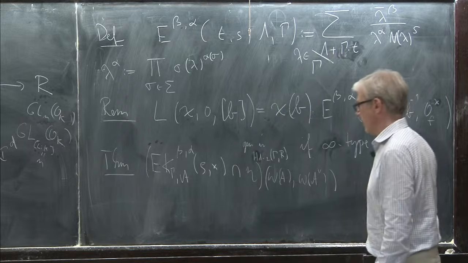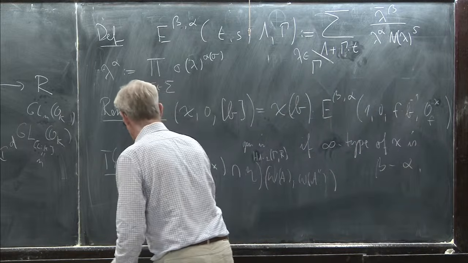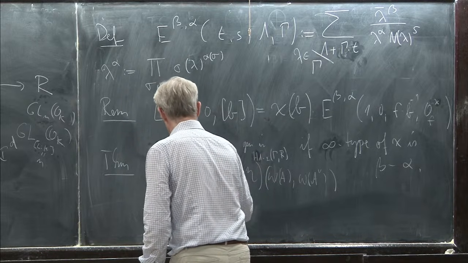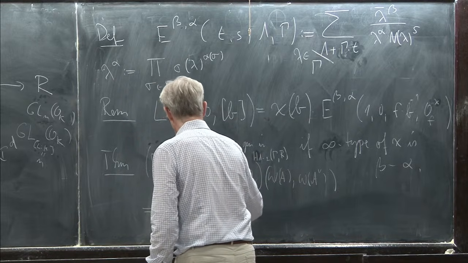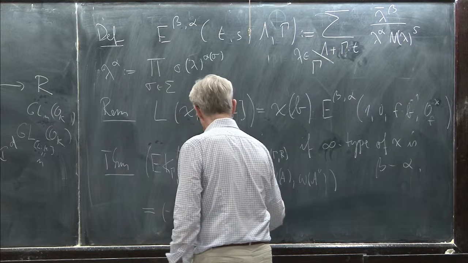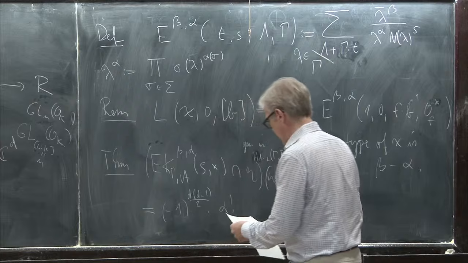This is a number, and the number I get is just the following. This is some sign. D is the dimension times d minus 1/2 times alpha factorial. This is a multi-index.